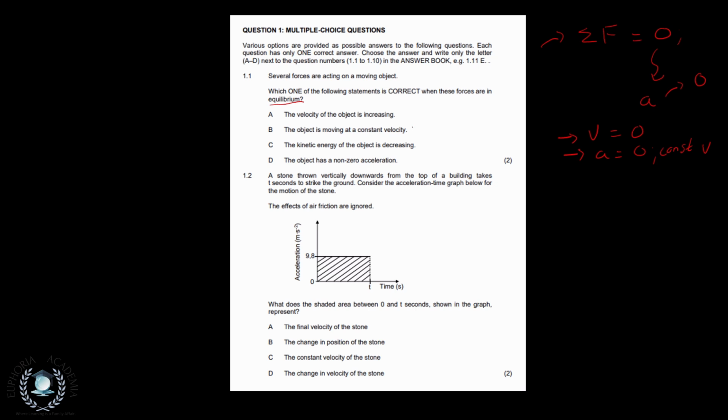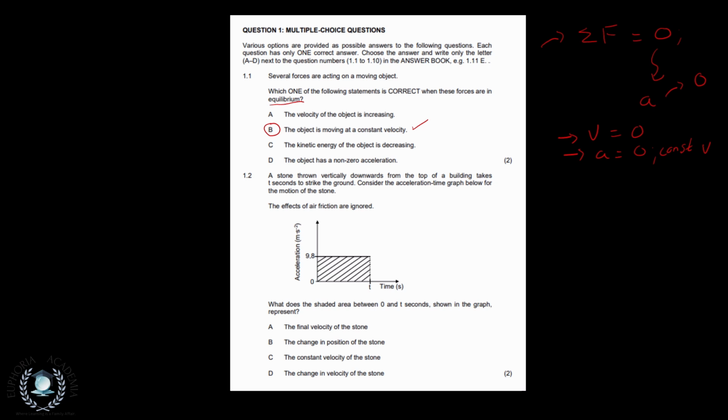This is essentially what we want. That's true. And then C says the kinetic energy of the object is decreasing. No. The object has a non-zero acceleration. No. So our only correct answer has to be B for 1.1.